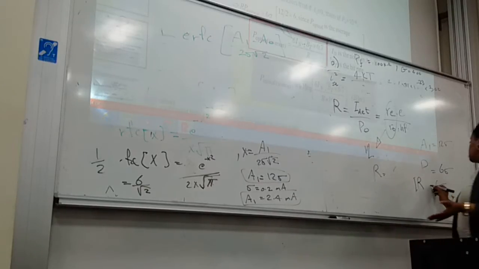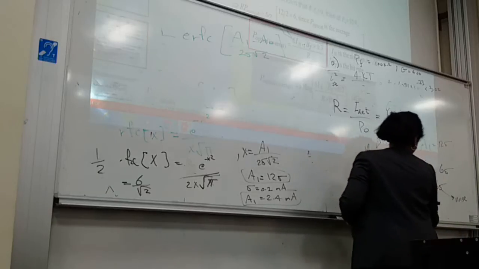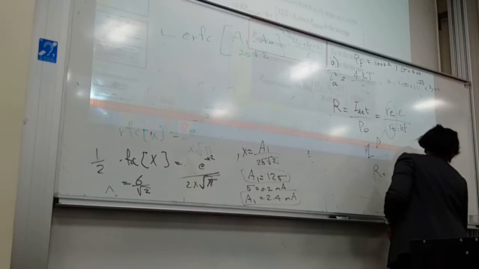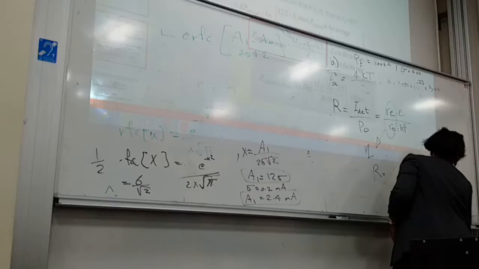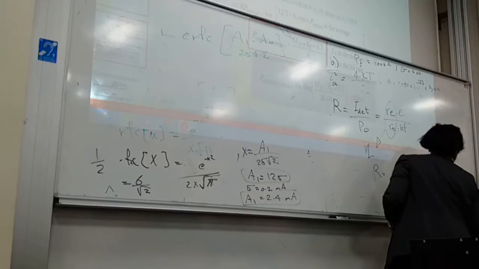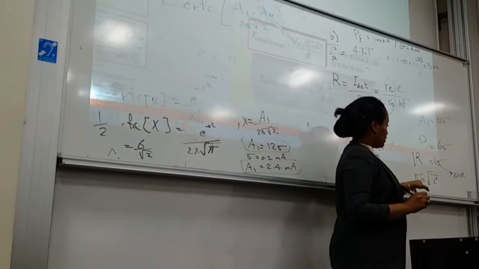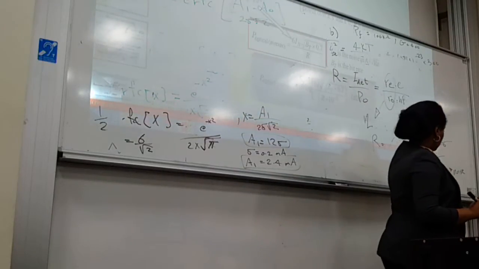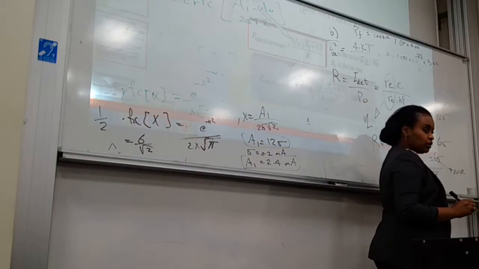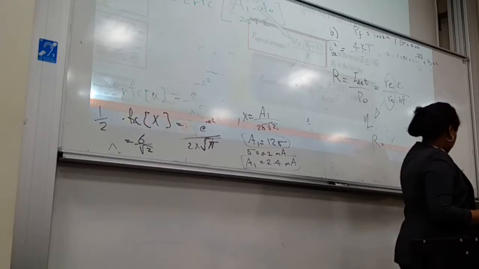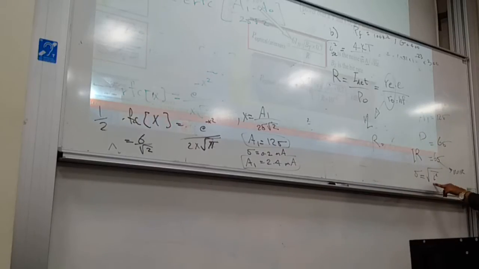So this sigma is given as the root of the mean square current of the noise.